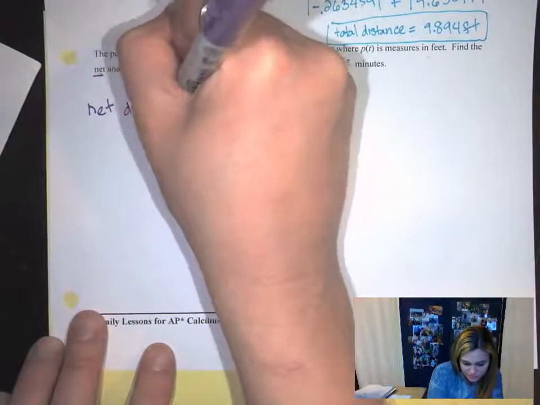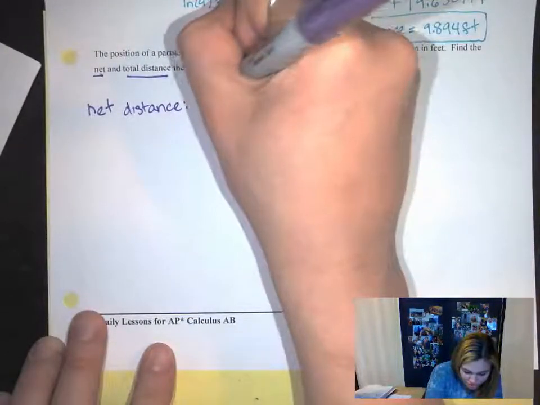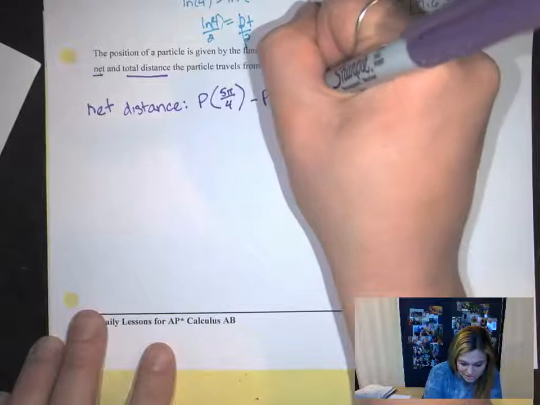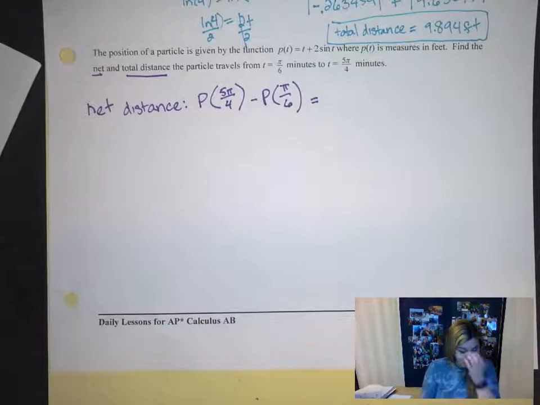To find the net distance, you are finding the final position. So P of 5 pi over 4 minus the initial P of pi over 6. What is this? P of 5 pi over 4 minus P of pi over 6, and you can use your calculator on this one, so it shouldn't be too scary that these are trig values.